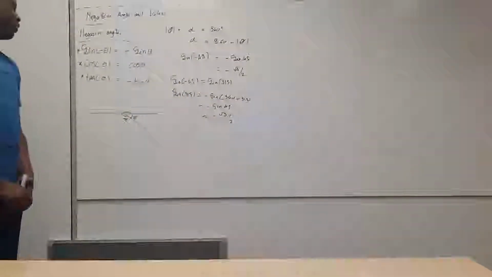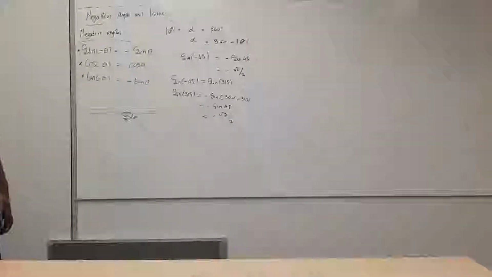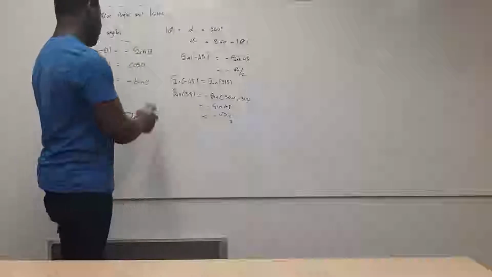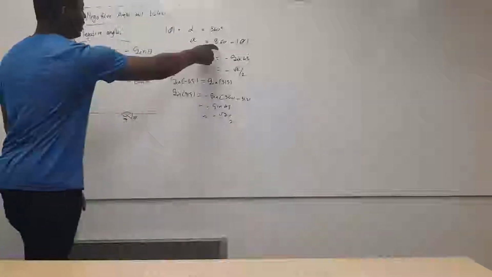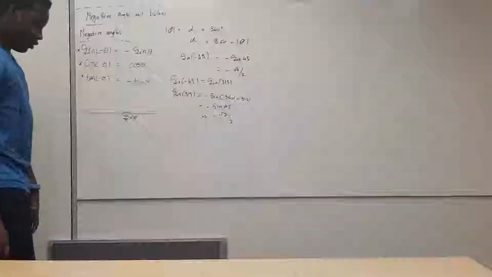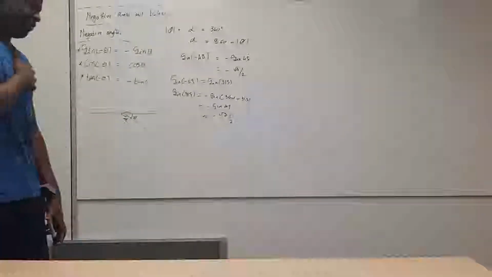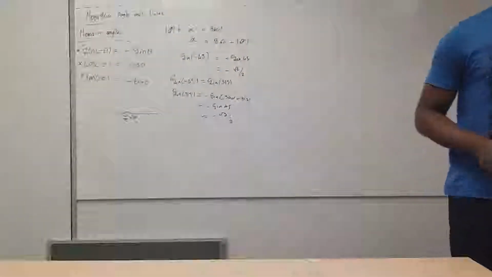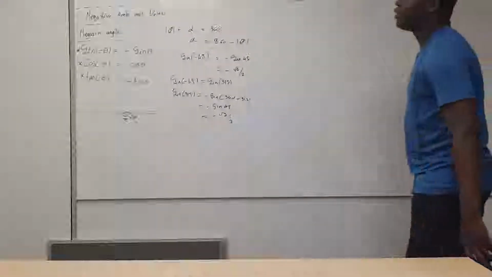You can actually do that for cosine too. The reason cosine comes out positive is because when you do 360 minus the angle, cosine is positive in the fourth quadrant.